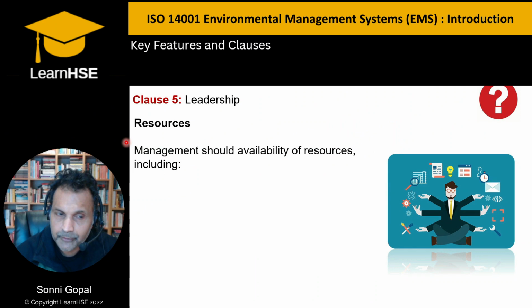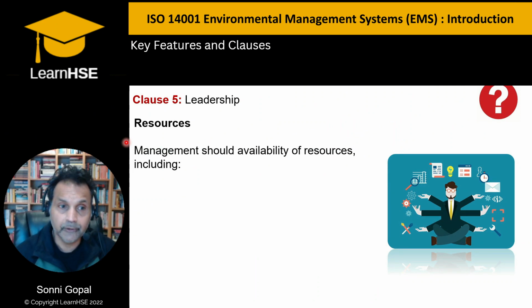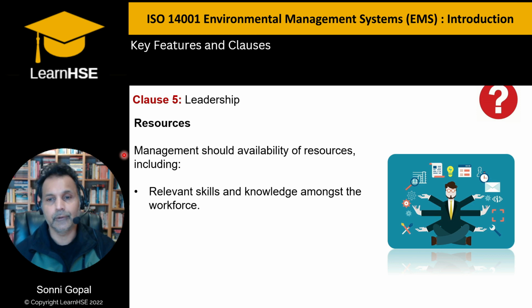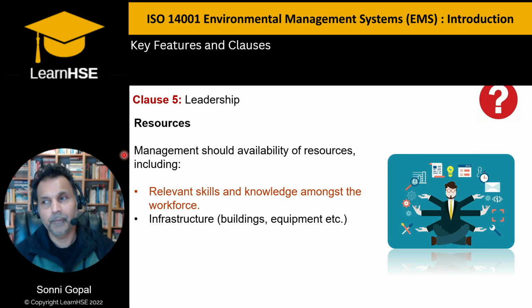But when it comes to roles and responsibilities, we need to make sure we have the right staff, the right people, and that's when we look at resources. Management should ensure the availability of resources, and this includes the relevant skills and knowledge within the workforce, and the infrastructure, the buildings and equipment they need to do their jobs effectively, especially for environmental management.